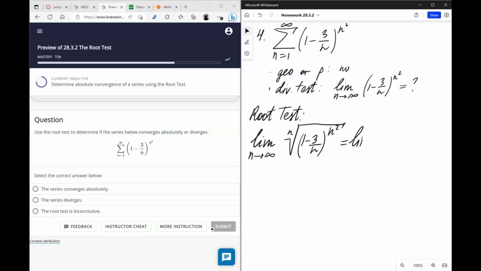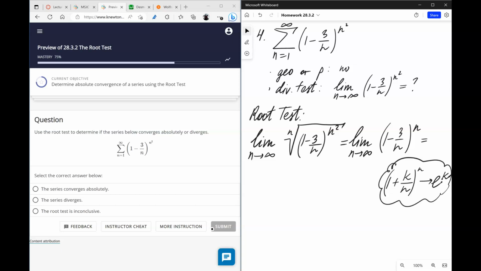Taking the nth root is the same as dividing the power by n. So we have this. And now using that cool pattern from Newton, from one of the early exercises, we can conclude that this whole limit is equal to e to the power -3.